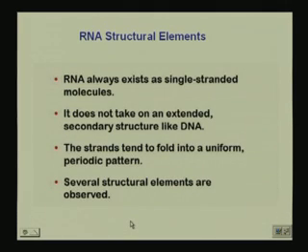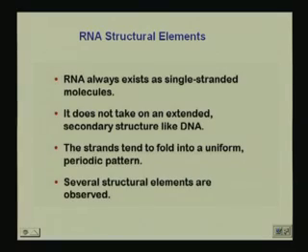Okay. Now, RNA. Now, considering that the DNA structural aspects we always have as a double helix, in RNA it exists as single stranded molecules. These single stranded molecules usually do not take on an extended secondary structure like DNA in the form of a double helix.